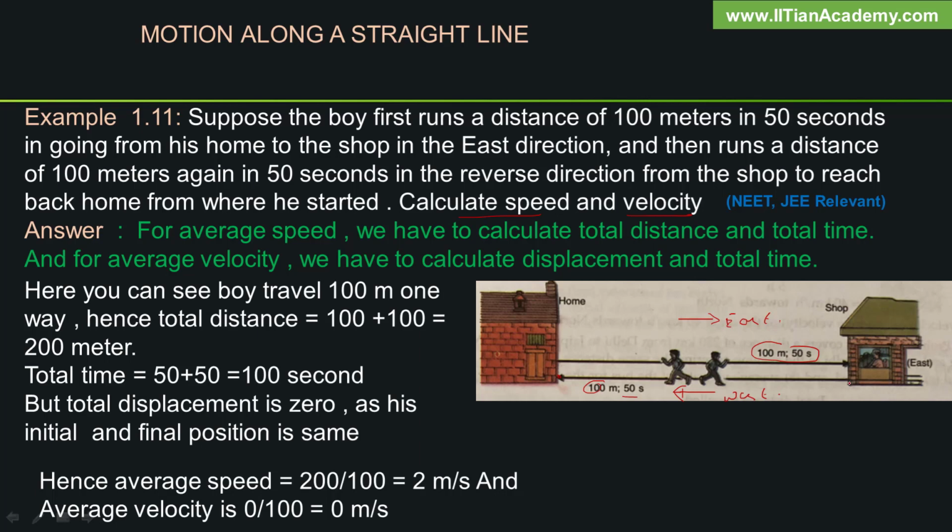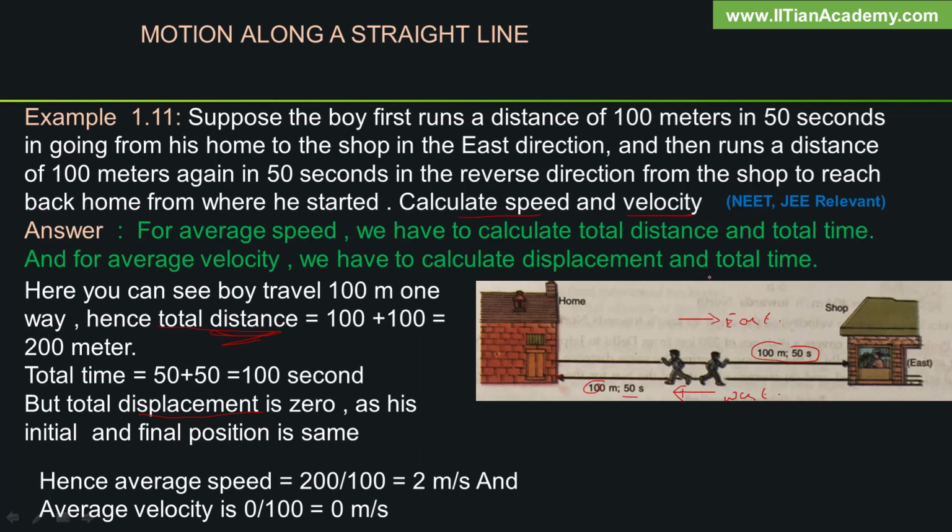Calculate speed and velocity. For average speed, we have to calculate total distance and total time. And for average velocity, we have to calculate displacement and total time.